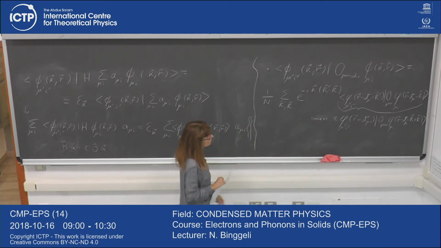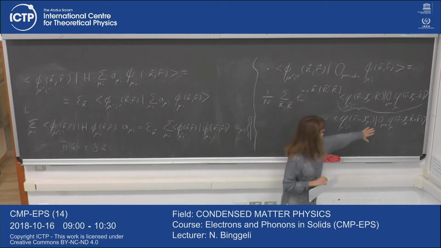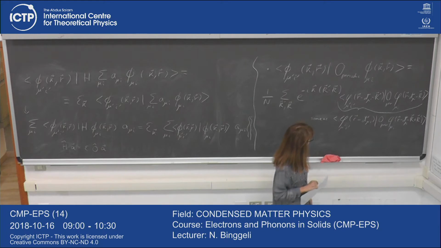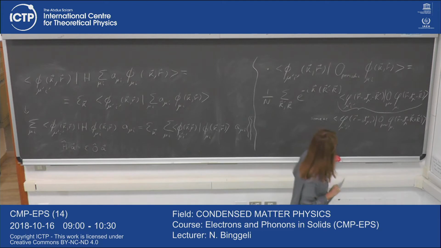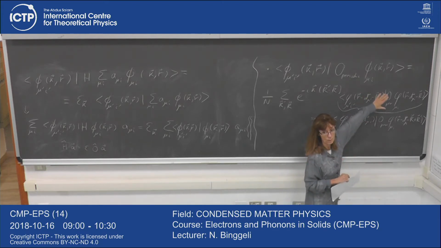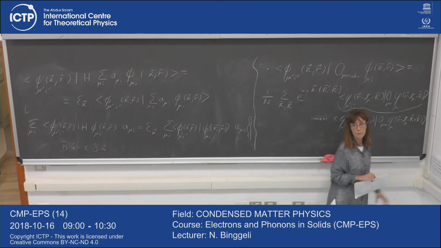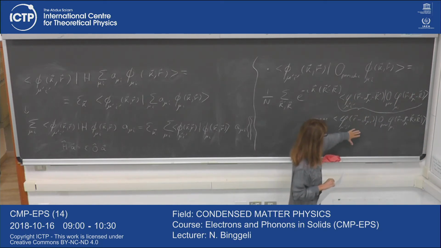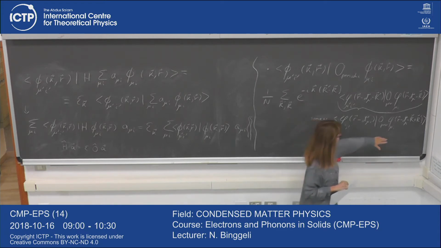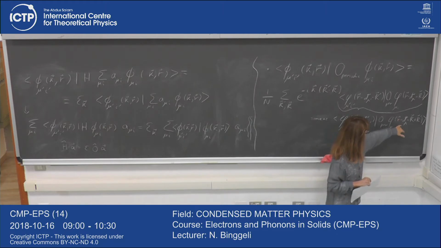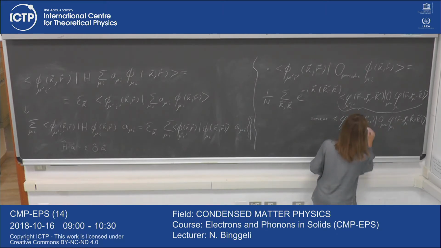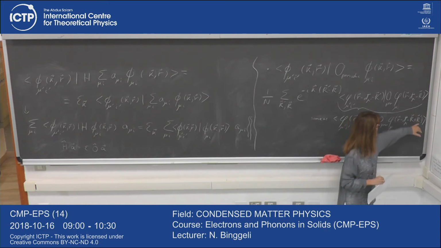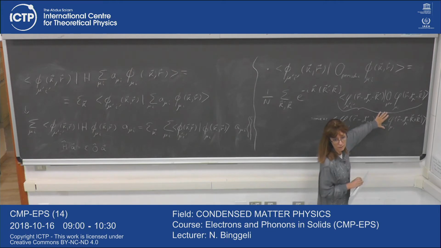Given that this is a periodic operator, if I change variable and add the vector R prime in every part, I will obtain this function of R minus d mu, and this function of R minus d mu minus R plus R prime, and since the operator is periodic, I will not change it by adding the R prime.